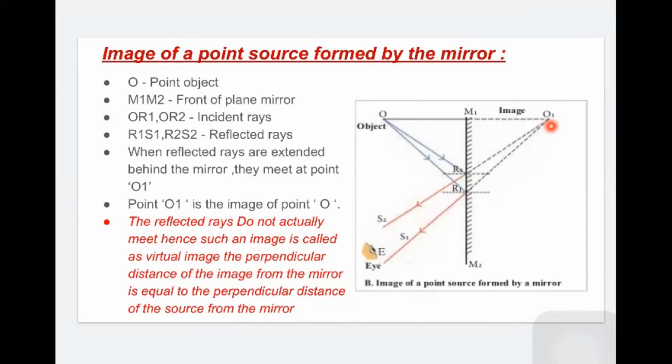If you look carefully, the image is formed at the same distance behind the mirror as the object is in front of it. So the distance at which you are standing in front of the mirror, at the same distance the image is formed at the back side of the mirror.